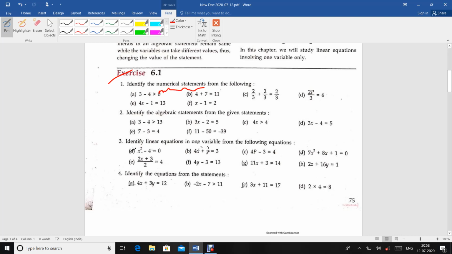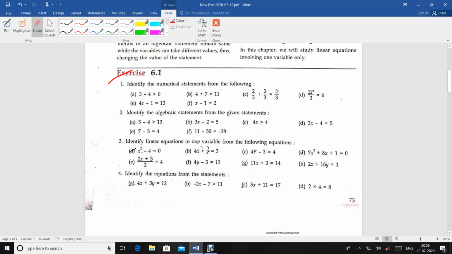Numerical statement, as it is clear by the name, is related to numbers with mathematical operations. So we have to know whether these are numerical statements or algebraic statements.